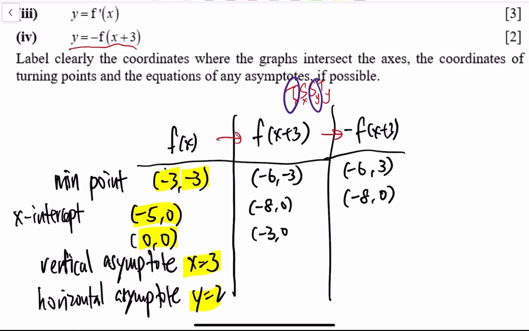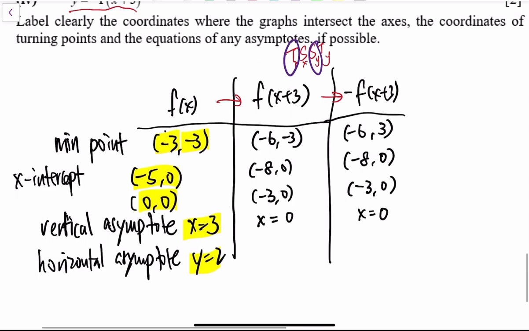This will become negative 3, 0. The vertical asymptote would be moved, so this one becomes 0. The negative does not affect my vertical asymptote. My horizontal asymptote will not be affected by the x plus 3, but it will be affected by the negative.